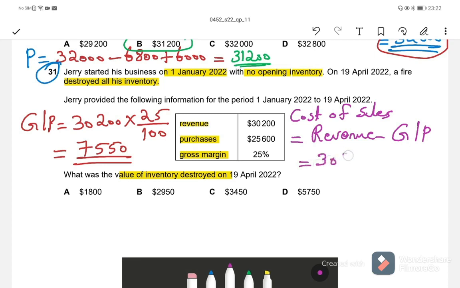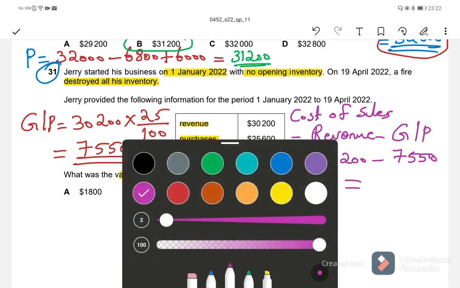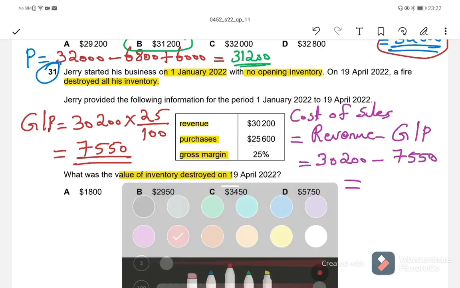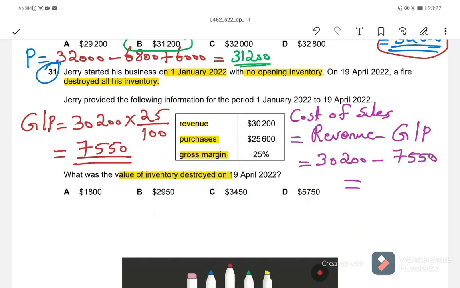Revenue is 30,200 minus 7,550, so the cost of sales is 22,650.